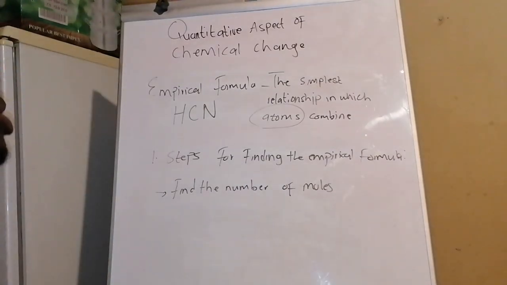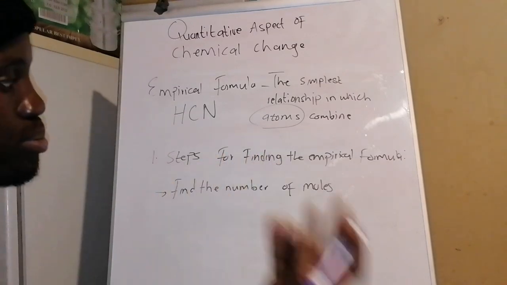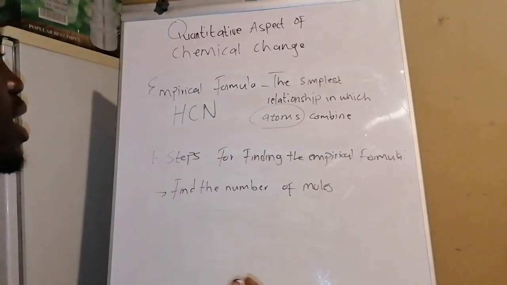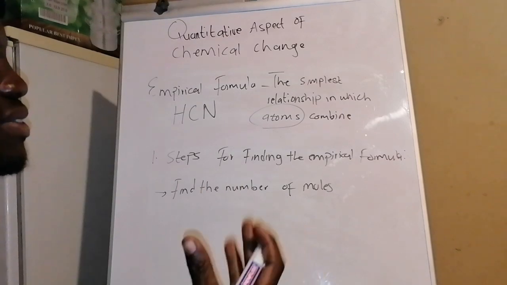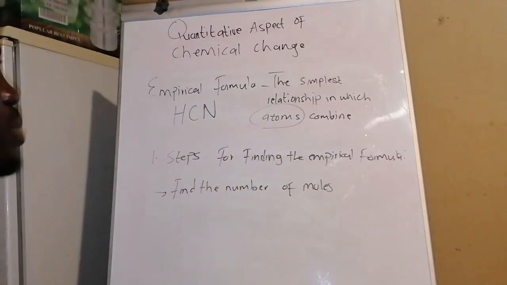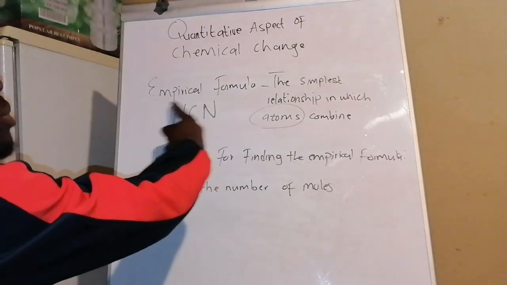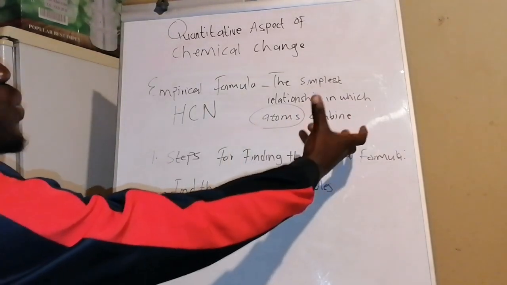But now let me stop explaining this. Let's do a first small example, and after that example you will see what I'm trying to explain here. But it's very important that you know how to define the term empirical formula: the simplest relationship in which atoms combine.